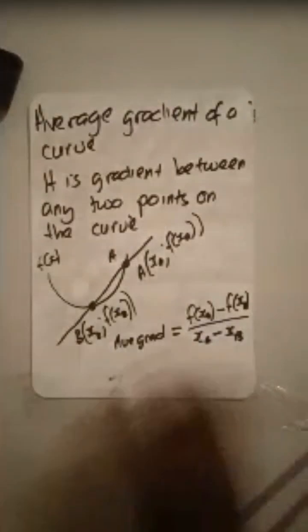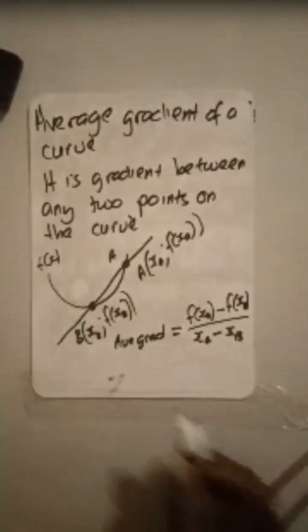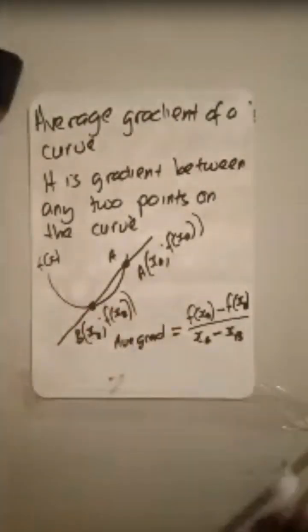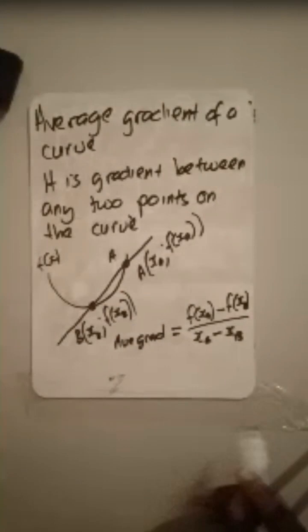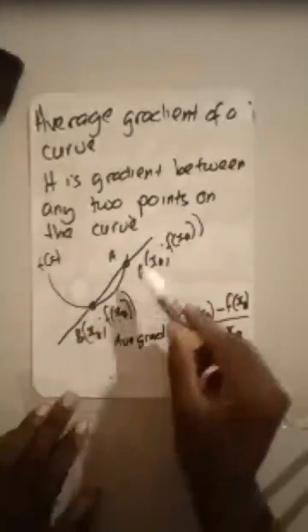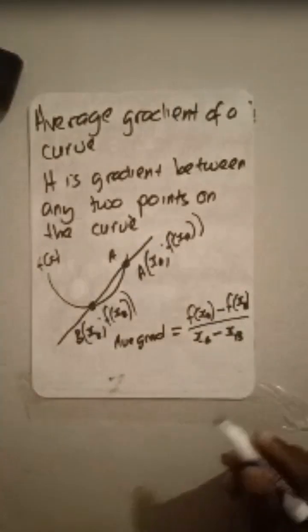The numerator is the change in y, the vertical shift, and the denominator is the horizontal shift. That is how we get the average gradient between two points on the curve. That is the average gradient.